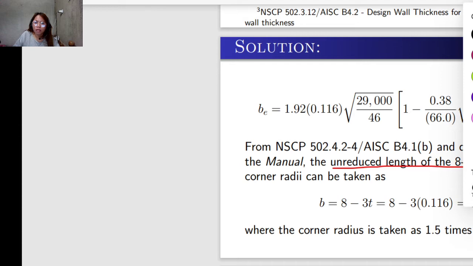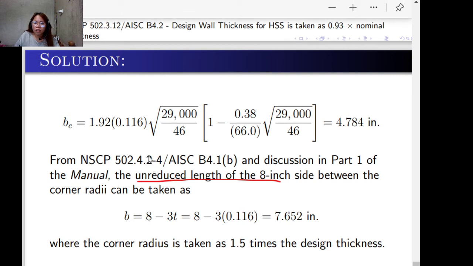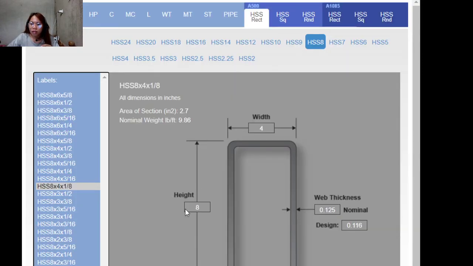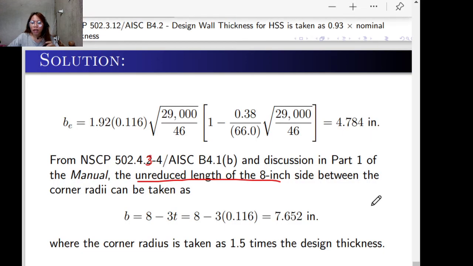From the NSCP or AISC B4.1(b), the discussion in part 1 of the manual: the unreduced length of the 8-inch side between the corner radii can be taken as b equal to 8, which is the total height, minus 3 times the design thickness. The design thickness is 0.116, right?